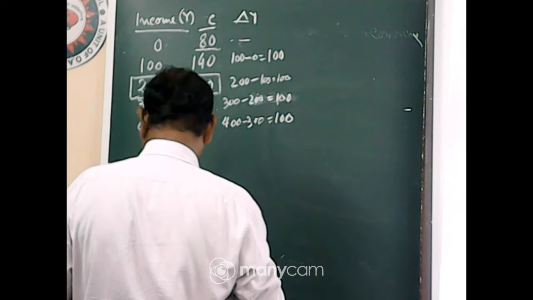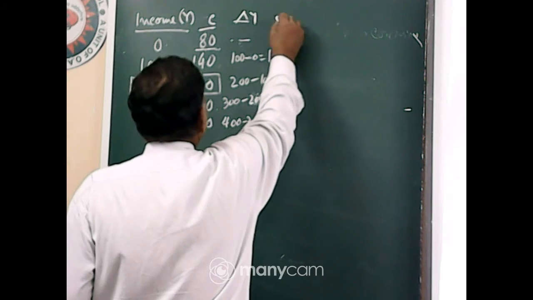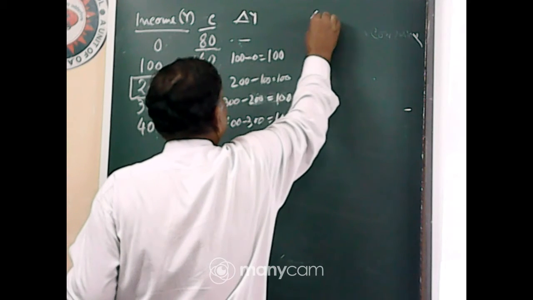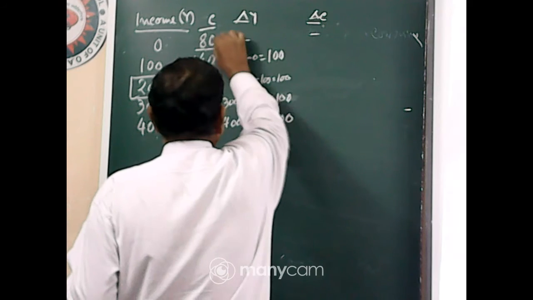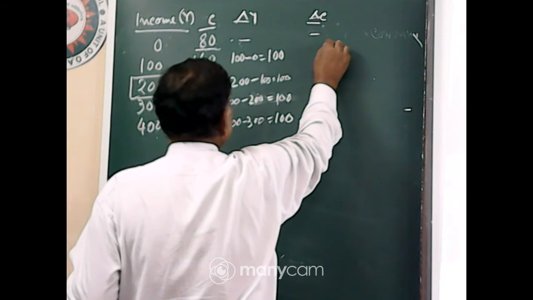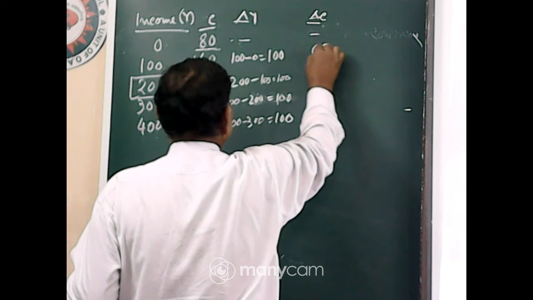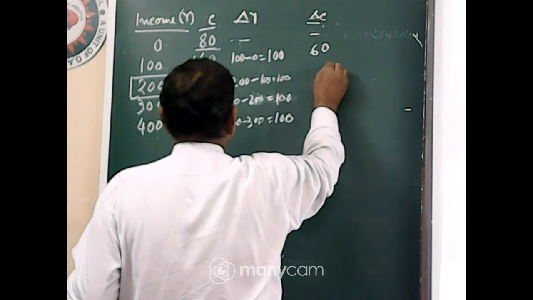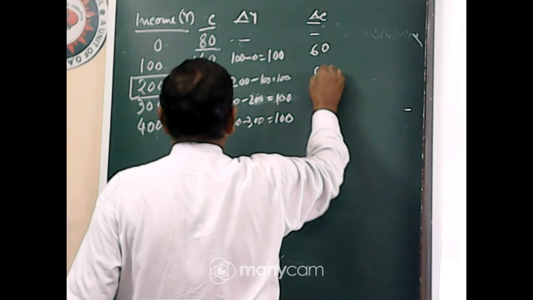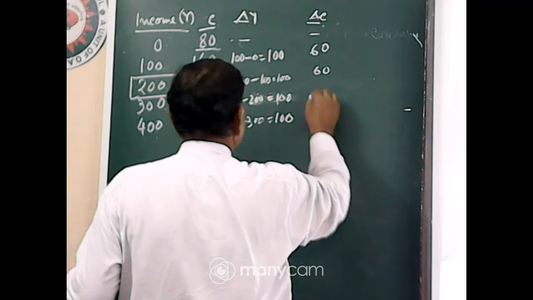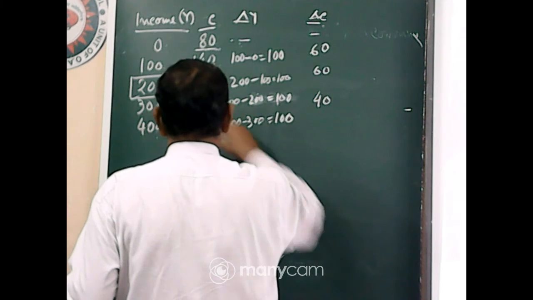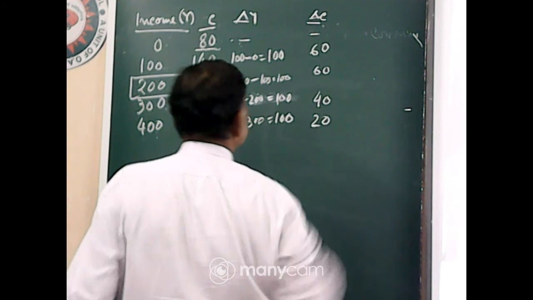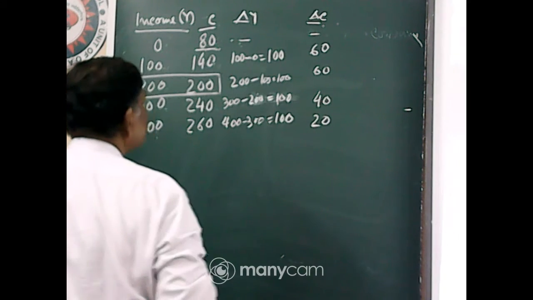Now if you calculate delta C, first delta C here, consumption is 80, nothing. This minus this, 60. This minus this, 60. And this minus this, only 40. And this minus this, 20. This is delta C, right?